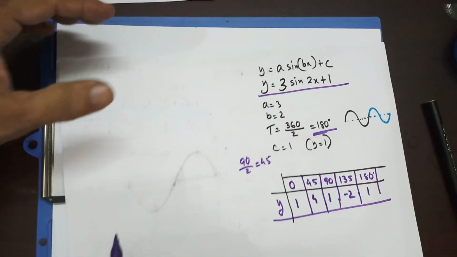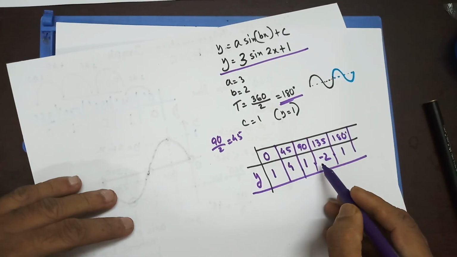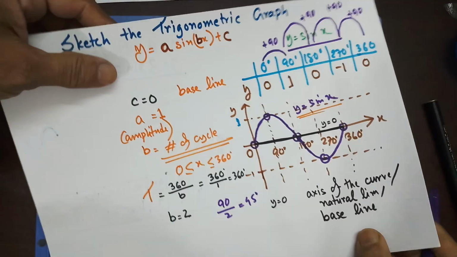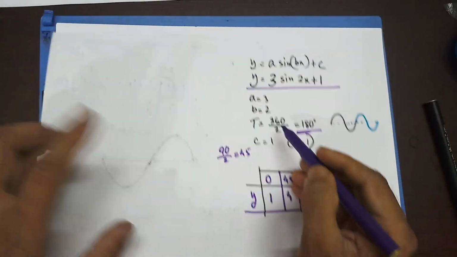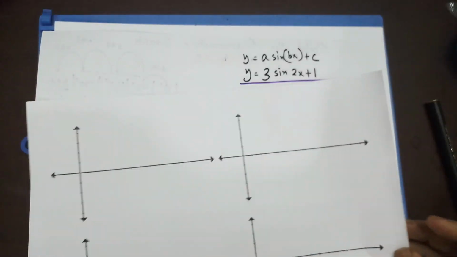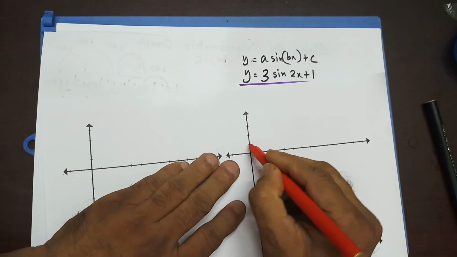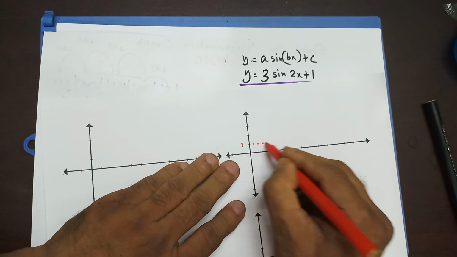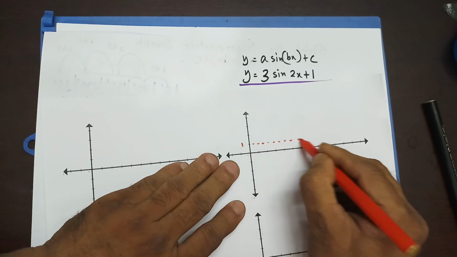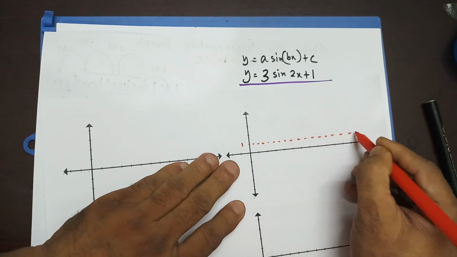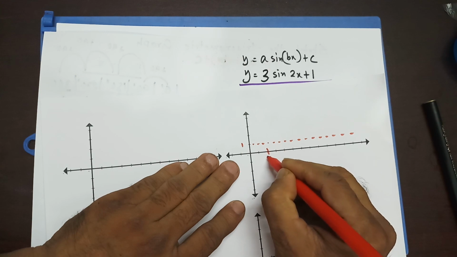What does that mean? Now over here, let me draw this line. Over here, that's 1, so I'm going to draw this dotted line, and over here is 90.